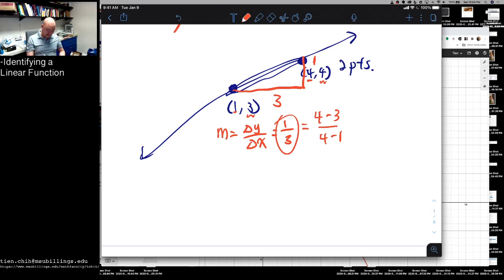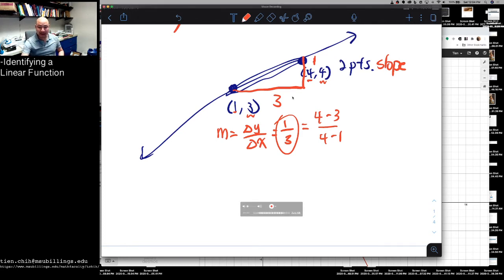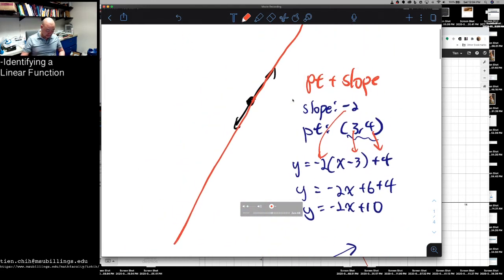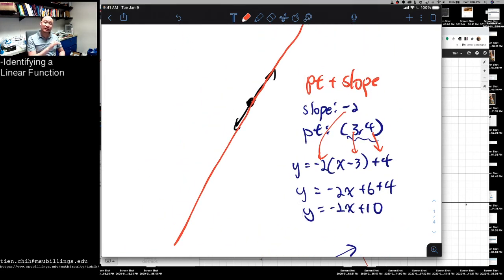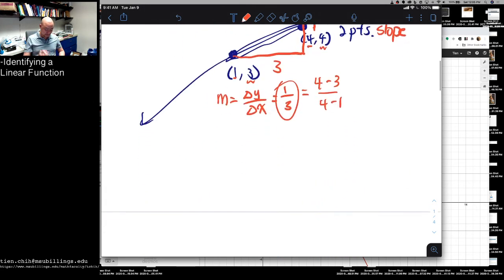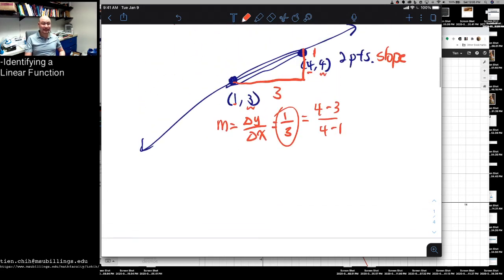Now we have a slope in addition to our 2 points, right? And now we've gone back to this situation here, right? If I take my slope and I take any point, that should give me a linear function.